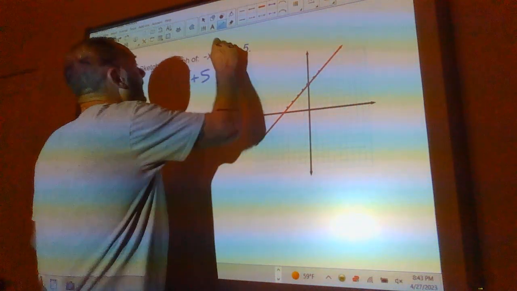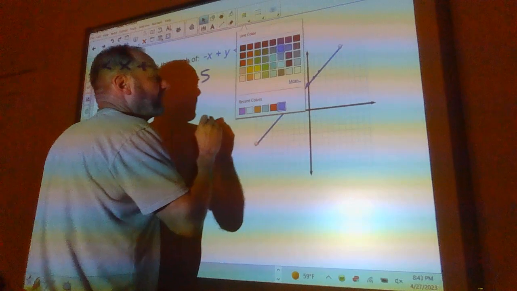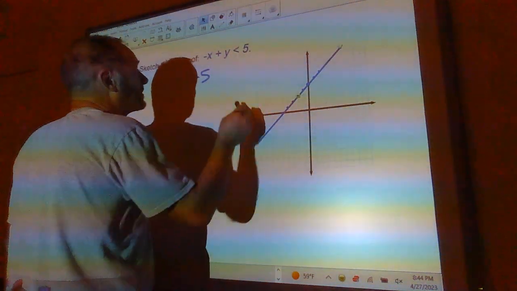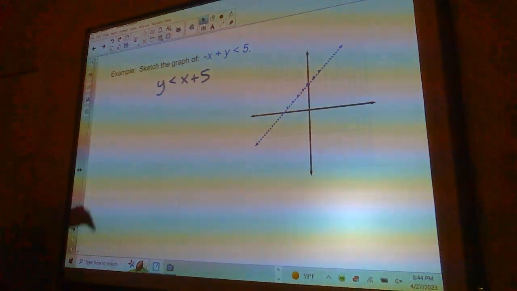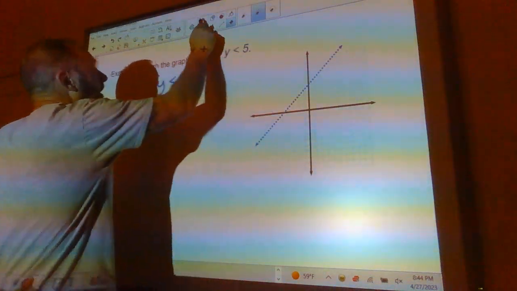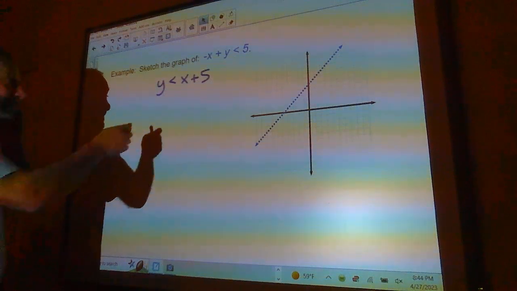Let's make it blue. Okay, oh, and it's dotted because it's less than. Okay, so there's my dotted line. I can kind of clean that up there a bit. Okay, so now I want to be less than that.